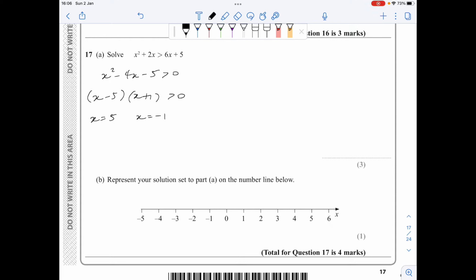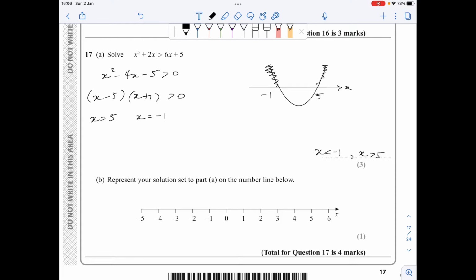So let's make a rough sketch. I'm only interested in the x-axis. So the 2 points are minus 1 and 5. I need the region above the x-axis, so it's the one to the left of minus 1 or to the right of 5. So my solution would be x less than minus 1 or x bigger than 5.